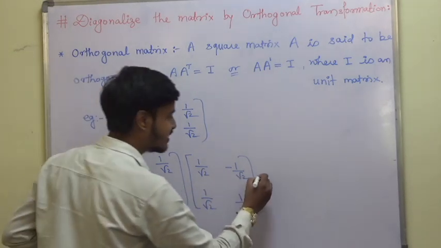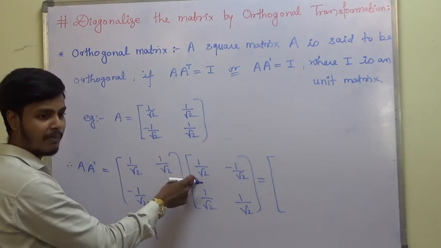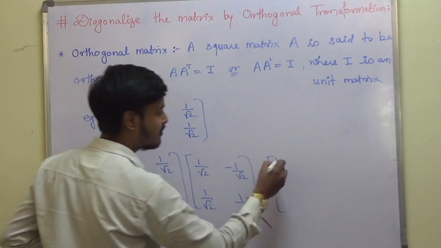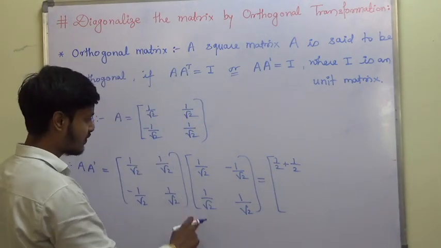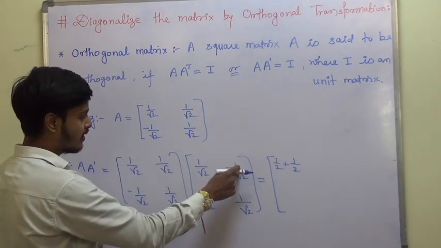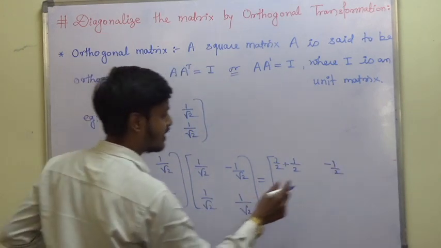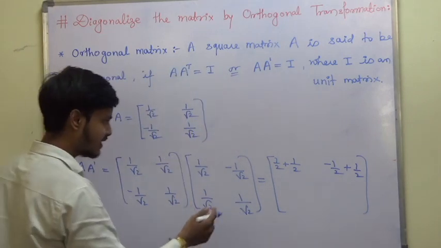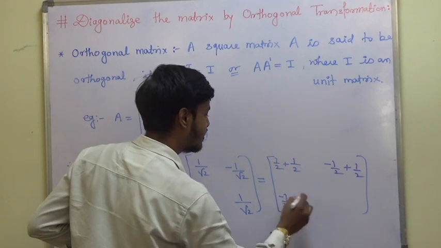Now just multiply it. First row, first column: 1 by root 2 into 1 by root 2 is 1 by 2, plus 1 by 2. First row, second column: 1 by root 2 into 1 by root 2 gives minus 1 by 2, plus 1 by 2. Likewise, you can solve the remaining entries. The last one is 1 by 2 plus 1 by 2.